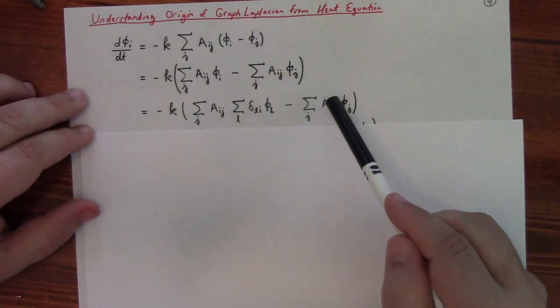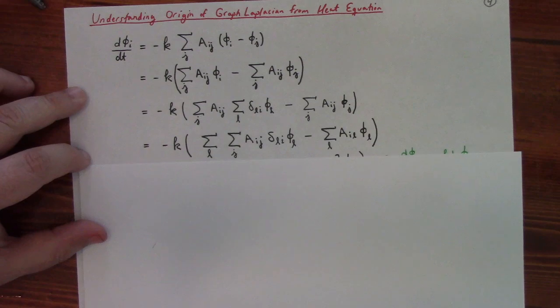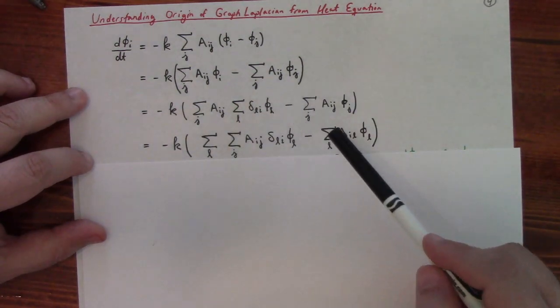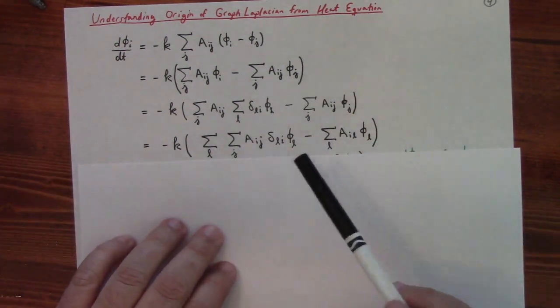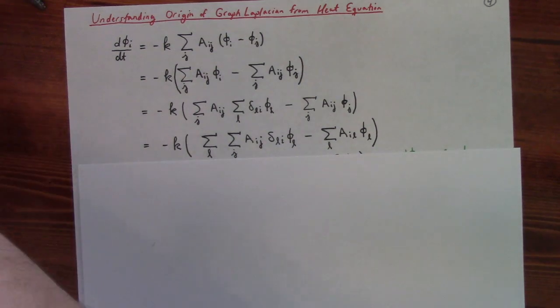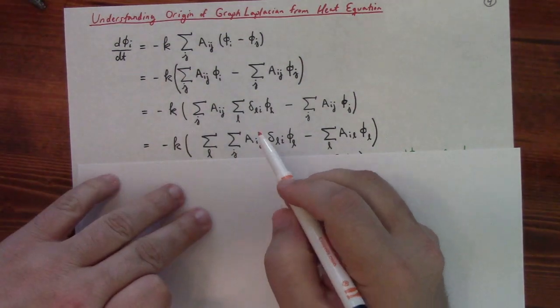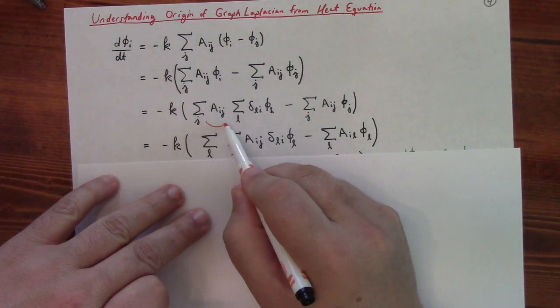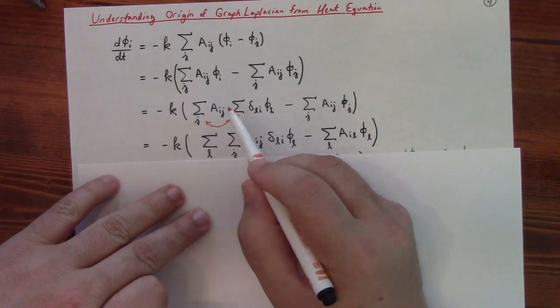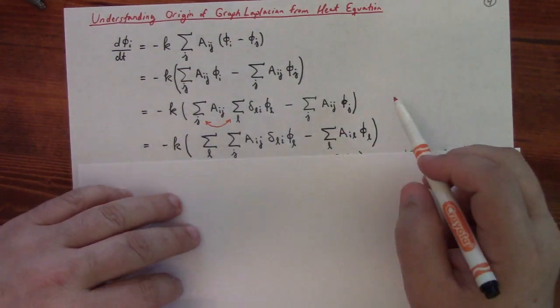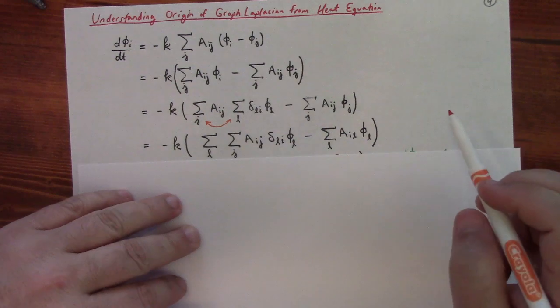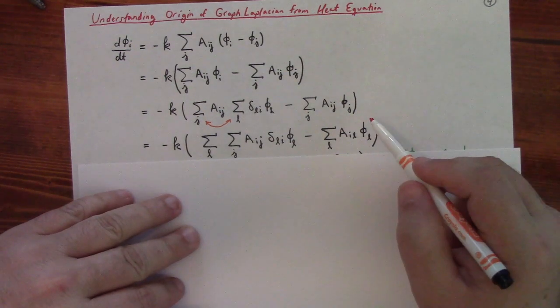And over here I'm just writing along. Then in this step here, something sneaky happens again. Notice one thing I do is I flip these guys, right? I change the order of the sum, which is a pretty standard step. You can do that for finite sums.